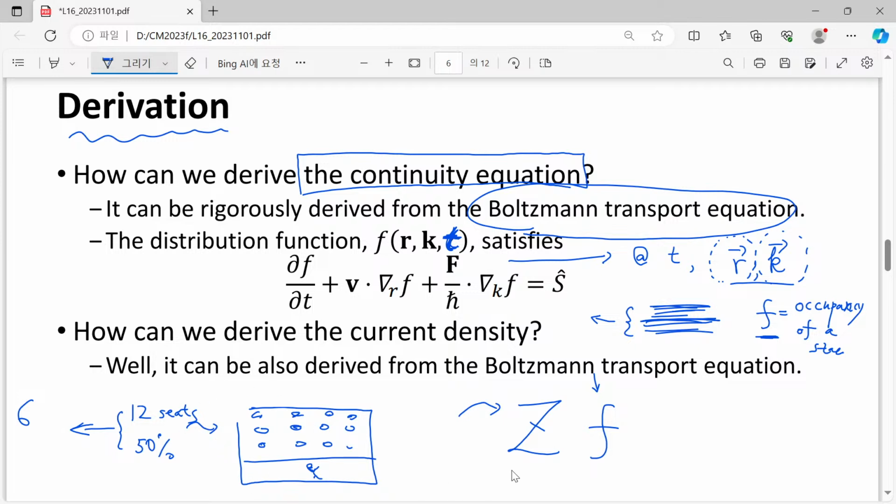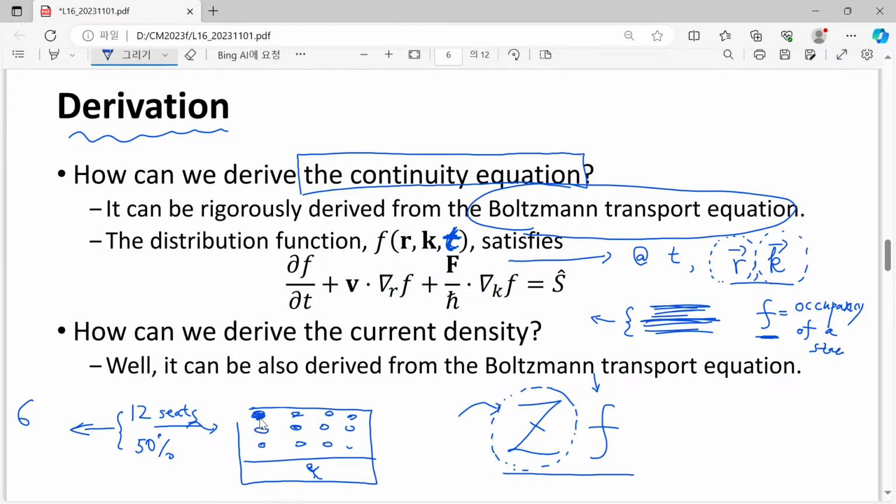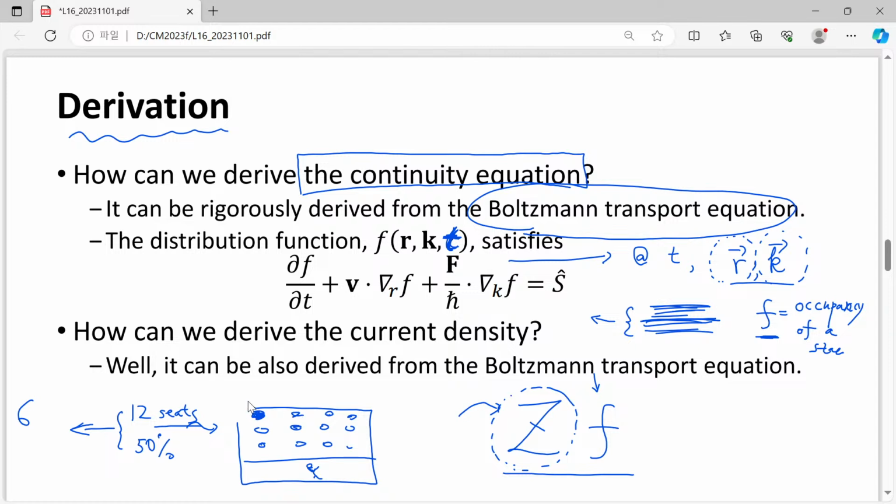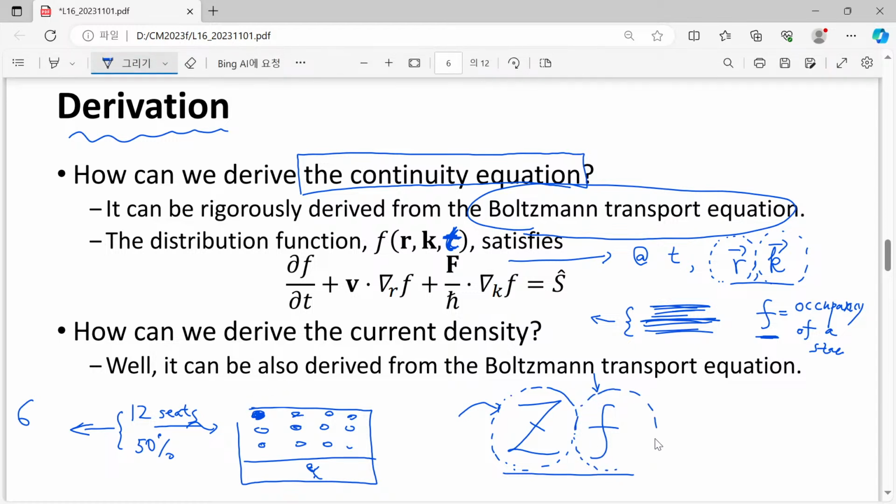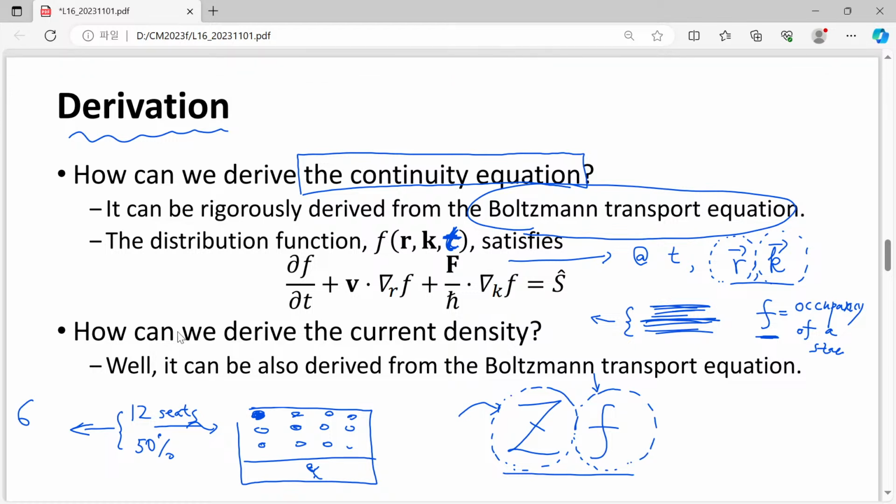So this is like this product. Here we have the number of seats or number of states that is described by the density of states, and if we have one seat, how probable it is filled is described by this distribution function. Now the density of states is more or less assumed to be a given number.